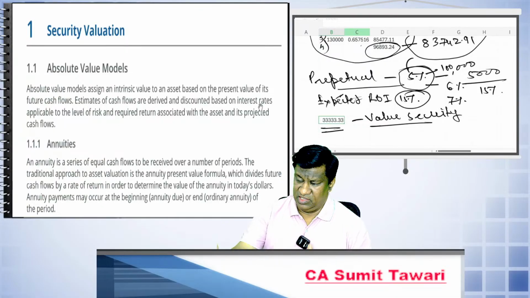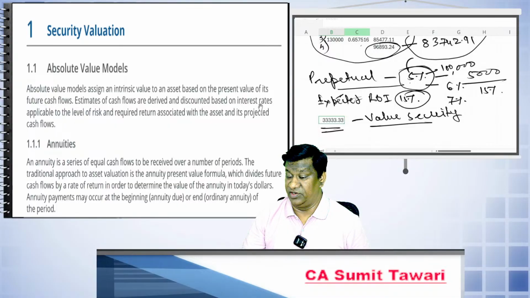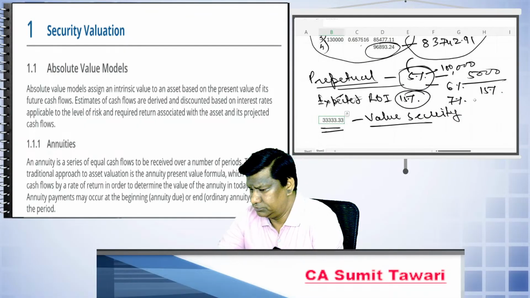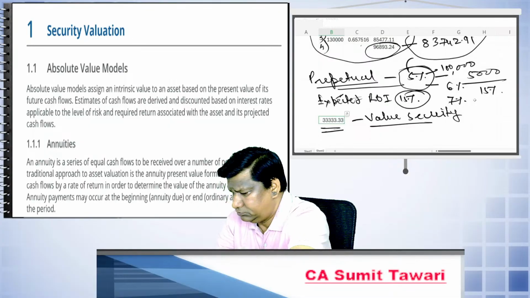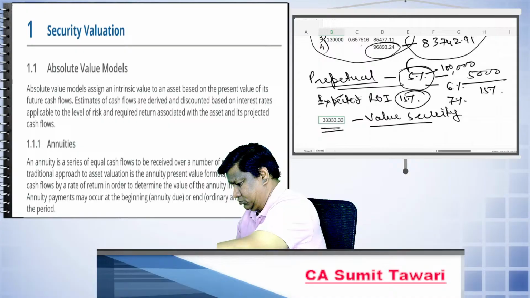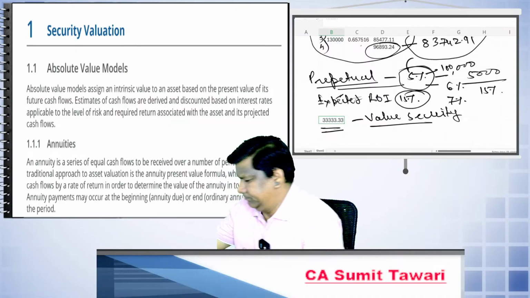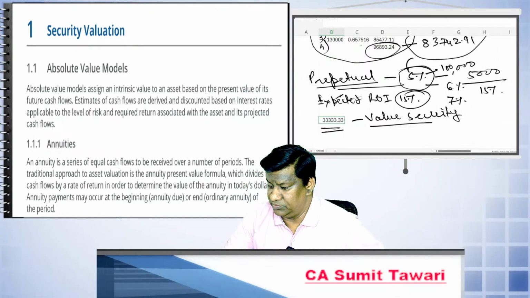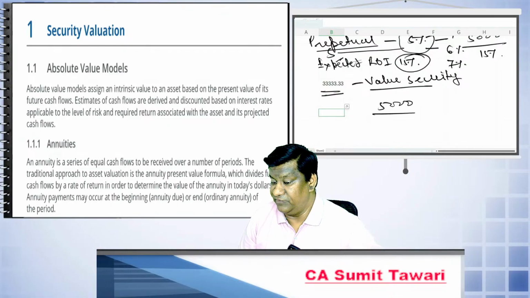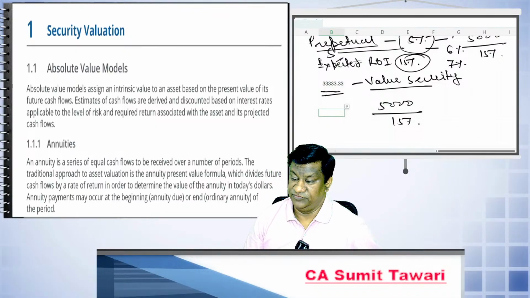So when the investment is for a perpetual period, at that time we just need to take whatever my cash flow is and divide by the expected rate of return. This is the way we need to calculate.